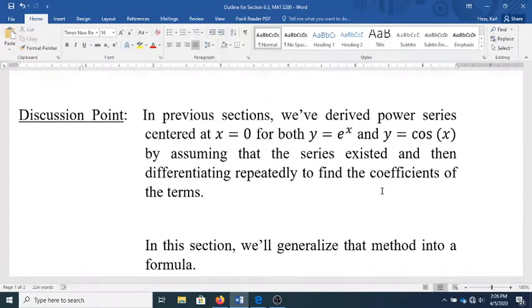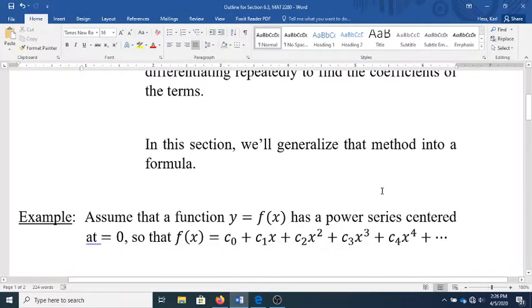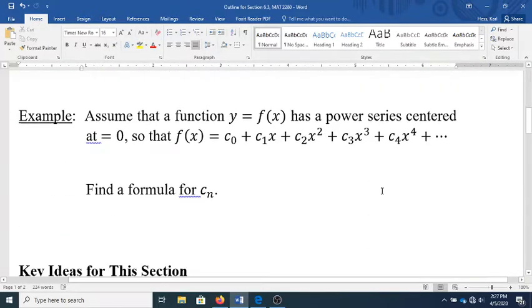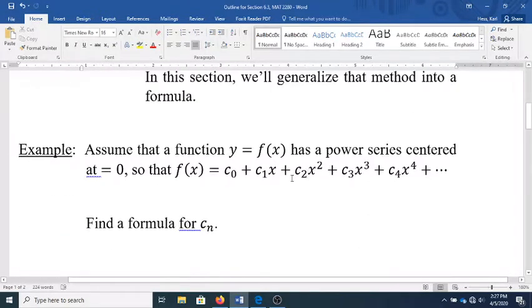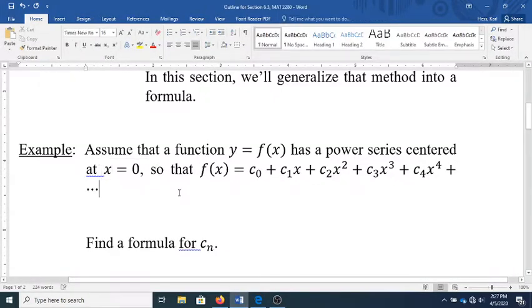Okay, so in this section we're going to generalize that into a formula so that we don't necessarily have to think through that every time. So here's what we're going to do. Let's say we've got some function y equals f of x, and let's say that it has a power series centered at x equals 0. If it's centered at x equals 0, then the power series would look like a constant plus a constant times x plus another constant times x to the 2 and another constant times x to the 3, and so on.